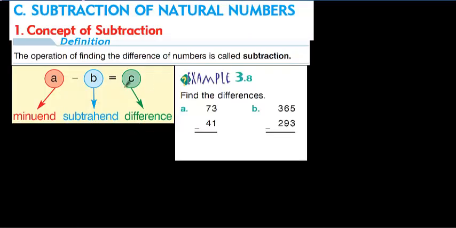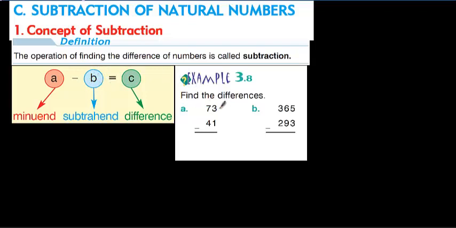Okay, the second operation is subtraction. From the definitions in the first 3 lessons, we know that the names of the terms are minuend, subtrahend, and difference. We are going to concentrate on how we do the subtraction.